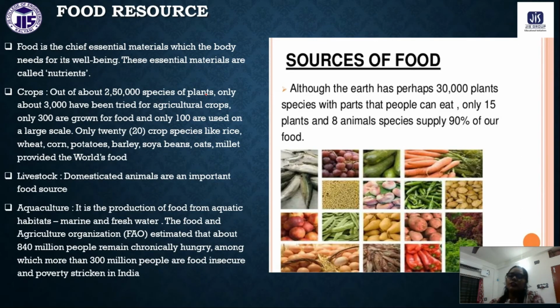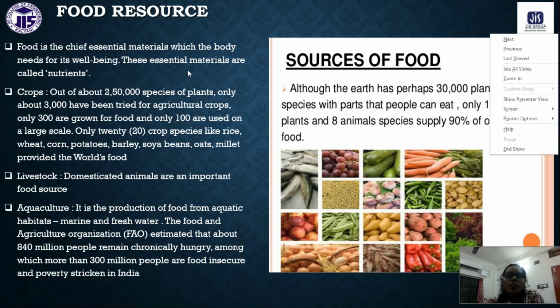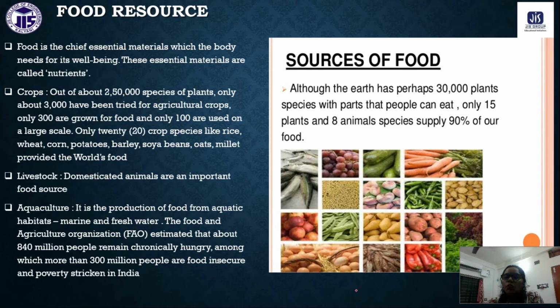Now, food resource. For our activities, for doing some work, we require energy. And who will provide this energy? The food will provide the energy to do the work.